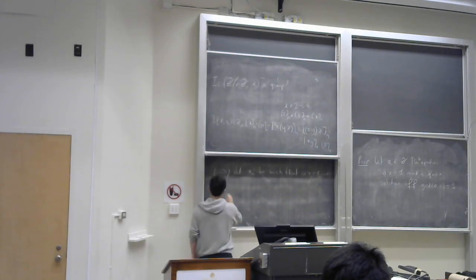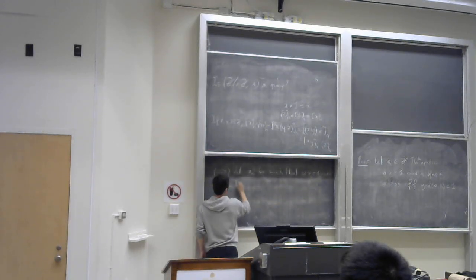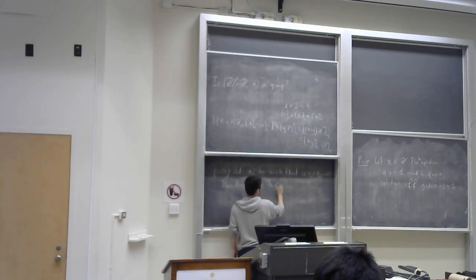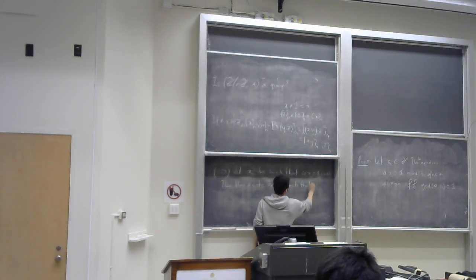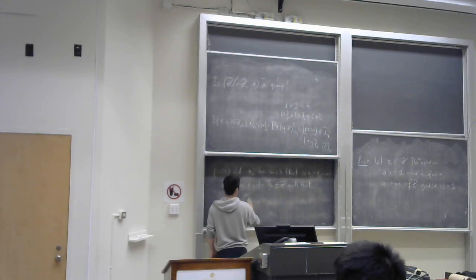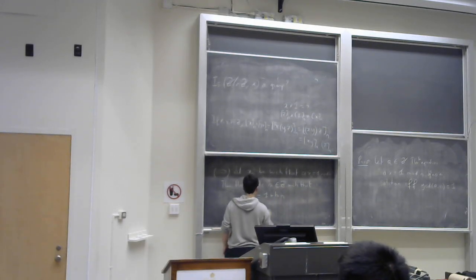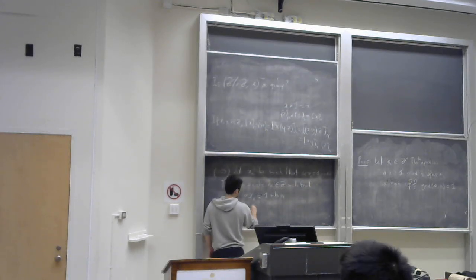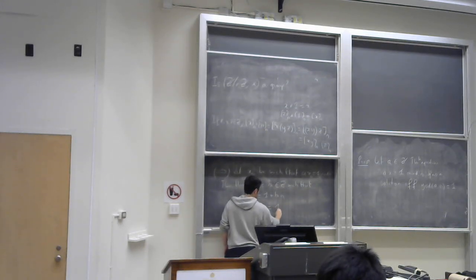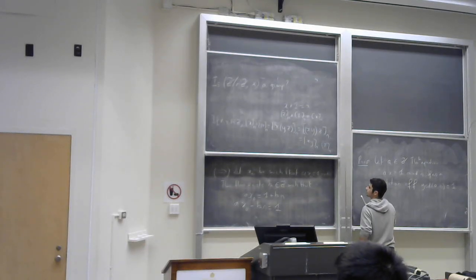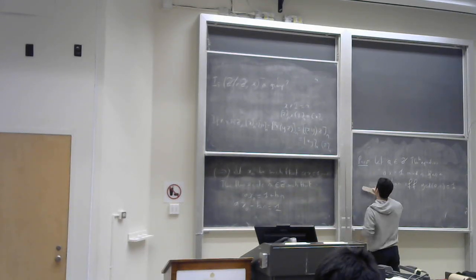Then, by definition, there exists k in Z such that ax0 is equal to 1 plus kn, which means that ax0 minus kn is equal to 1. That's it.